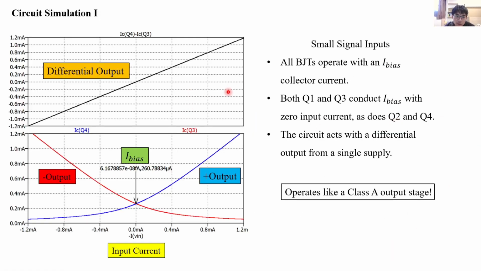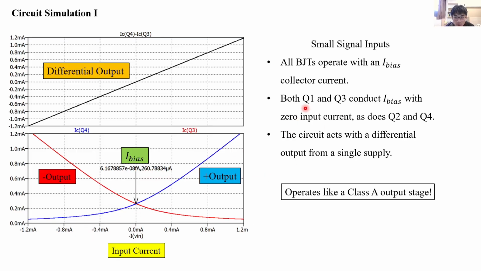And for the small signal input, the differential output looks like a straight line. Its linearity looks very good. And for small signal inputs, all the BJTs operate with an I bias collector current, like this figure, and the value is about 260 microamps.